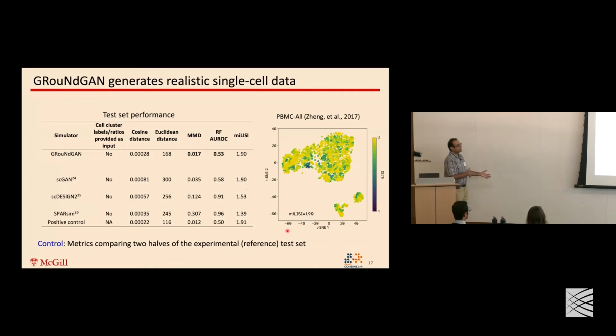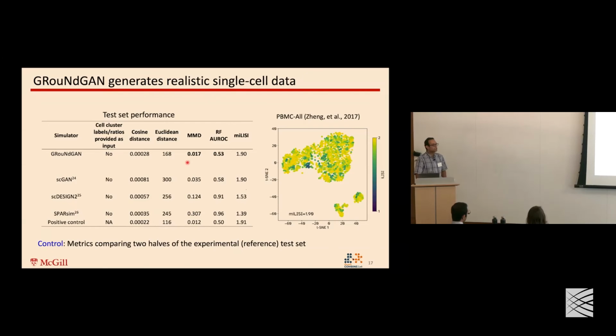And we can, again, look at the metrics and quantify this. So here I am comparing against the models that I just mentioned earlier, where none of them are provided cell type information at this point. Again, we see that in all 5 metrics, we outperform them.